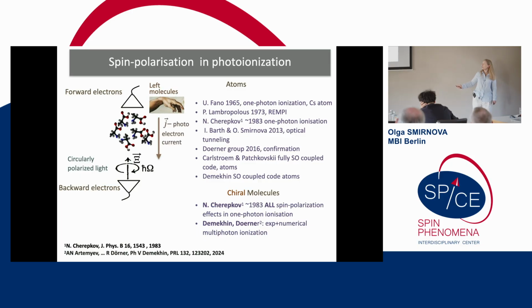You just have a formula right away. And there is an experiment that has been recently done in the multiphoton regime and resolved on spin. What we have done is develop our approach, which is different from Cherepkov's because it relies on the geometric fields. On top of it, we repeated the results of Cherepkov to make sure that we have the same results.